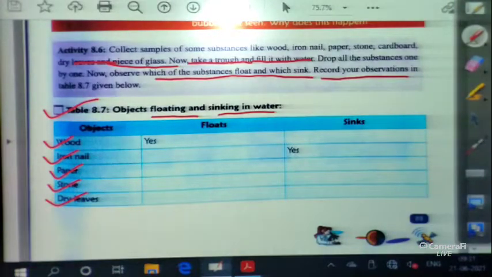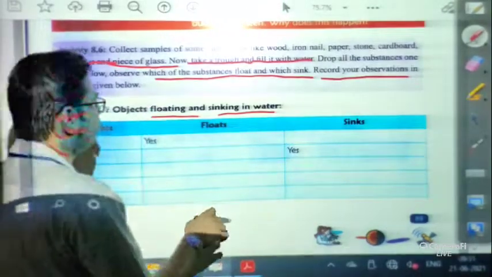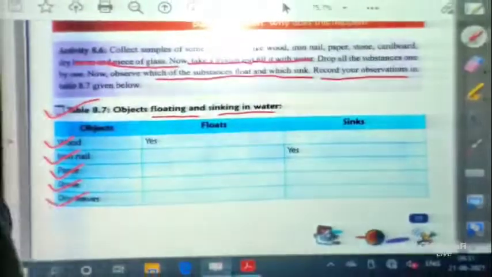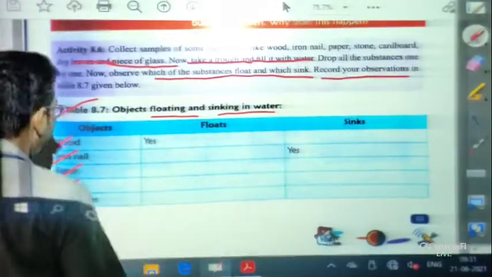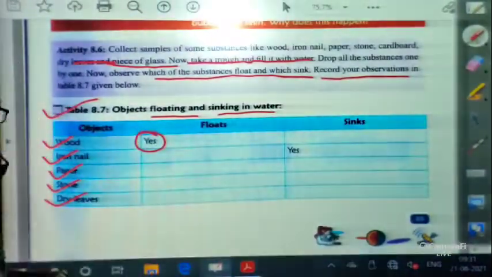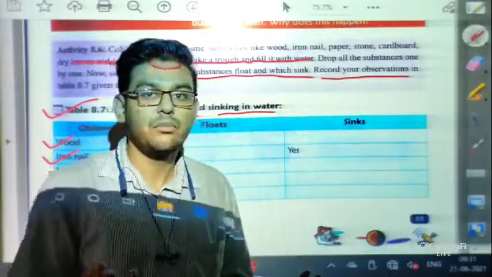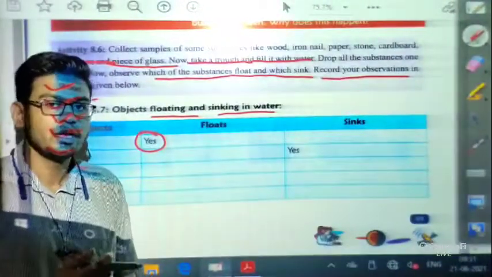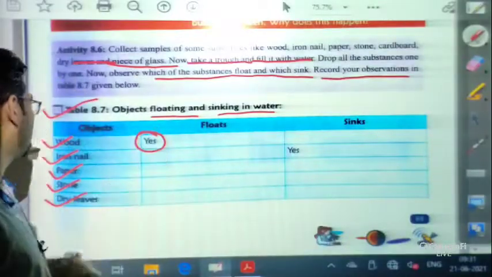And you have to tell, if we put these on water, what will happen, whether they float or whether they sink. If we put wood, definitely it will float, that's why we can make boats. The boats are made of wood, all of you know, so definitely the wood will float.